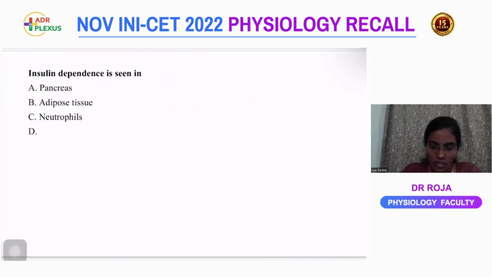Insulin dependence is seen in. The options given are pancreas, adipose tissue, neutrophils, and one other option. So what are the insulin dependent tissues? It means the tissues for which the glucose uptake is dependent on insulin.